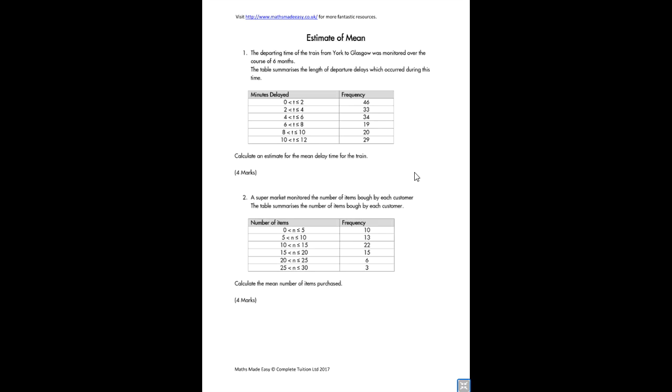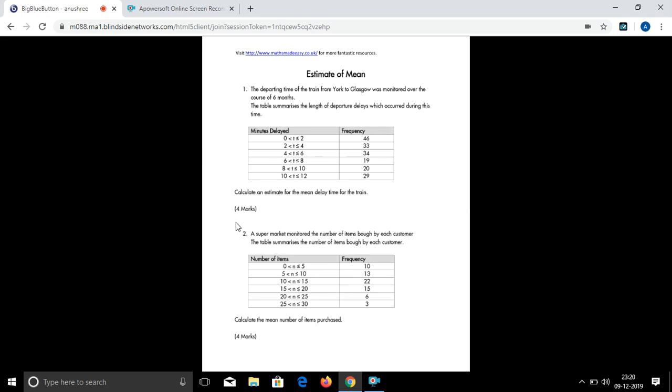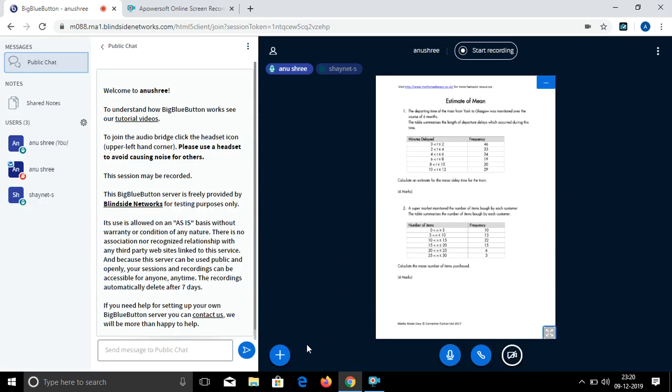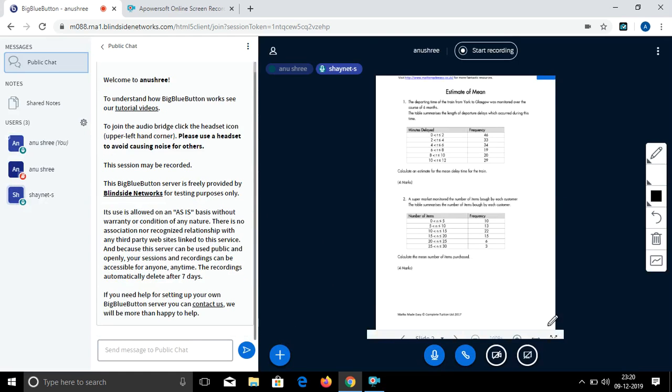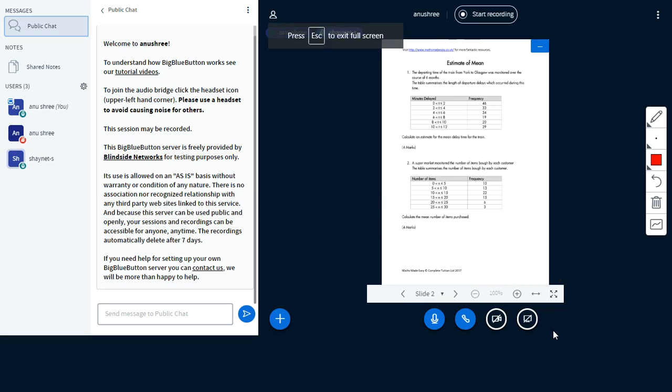No, it's not 30.16. Okay, now you tell me one by one how you're working. How have you calculated? Tell me what you have done. I've added them all up and then divided it by 6, that's how many numbers there are.